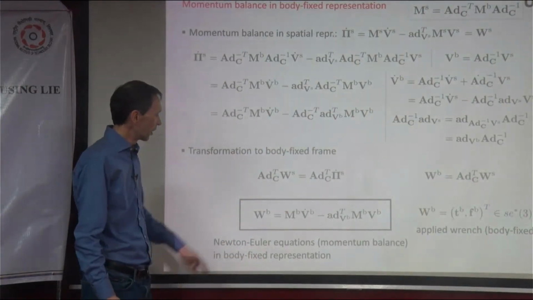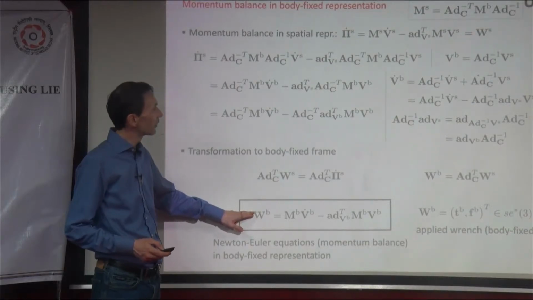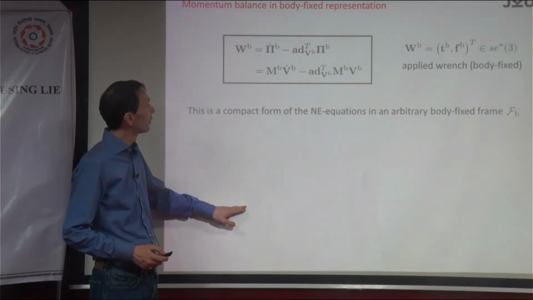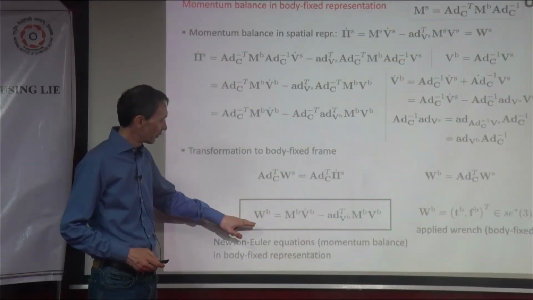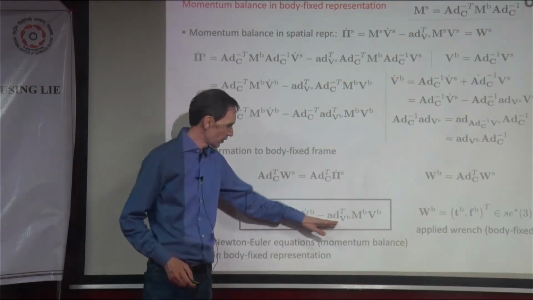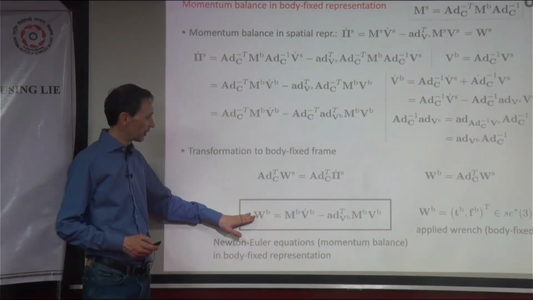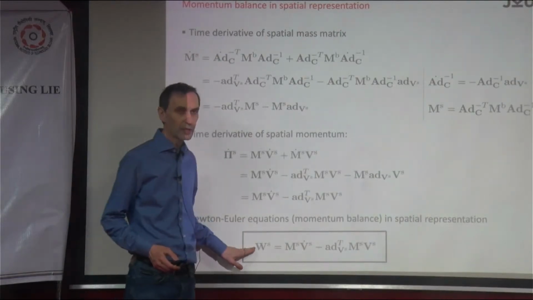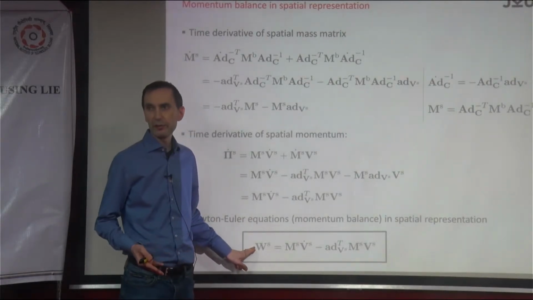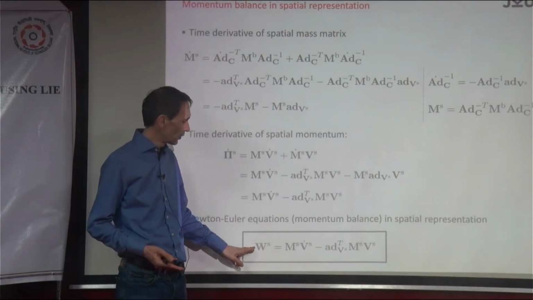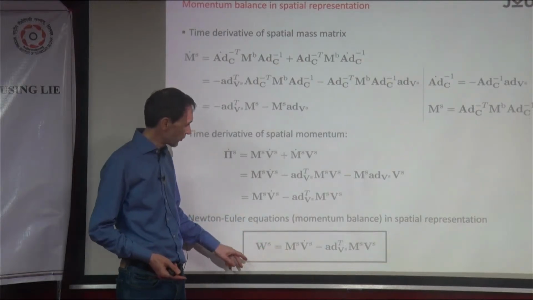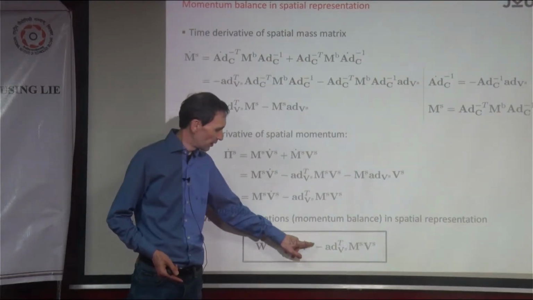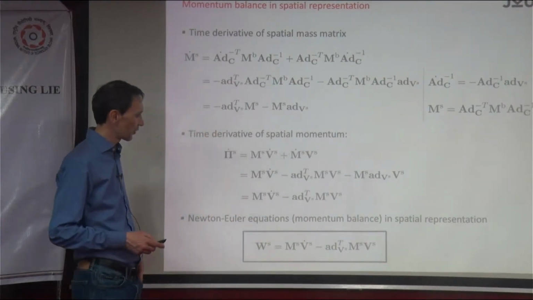Now, if you compare this result, try to remember it, with what we get for the space fixed version, you see they are symbolically equivalent, right? They have the same structure. The only difference is the reference frame in which it is represented.